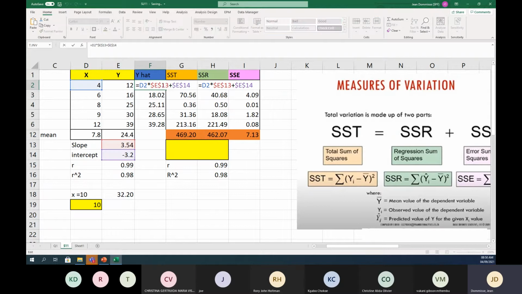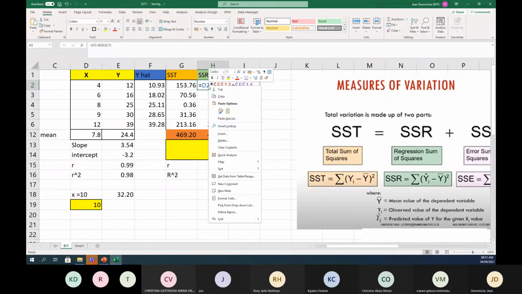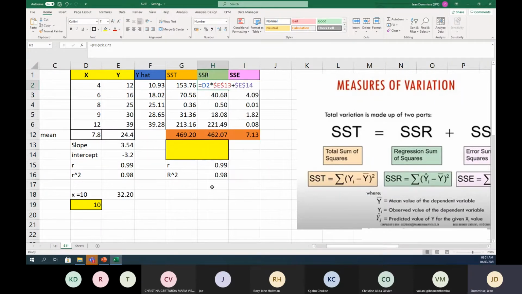It's the y hat minus the mean of the first one to the power of 2, plus the next one, plus the next one, plus the next one. So you need to actually calculate them separately and then only add them. Does that make sense? Did I answer you correctly?